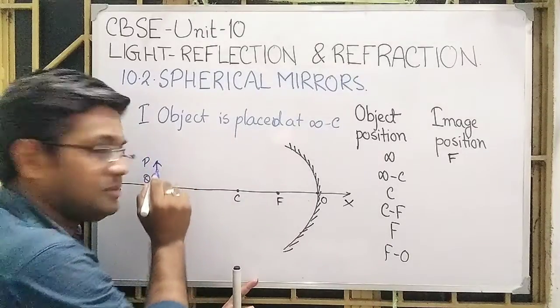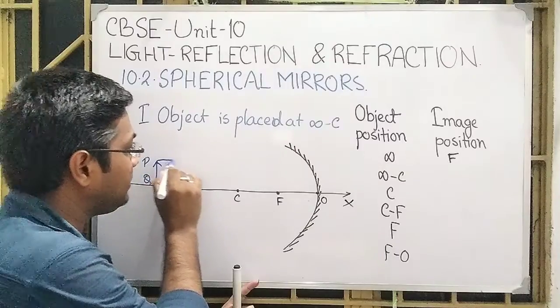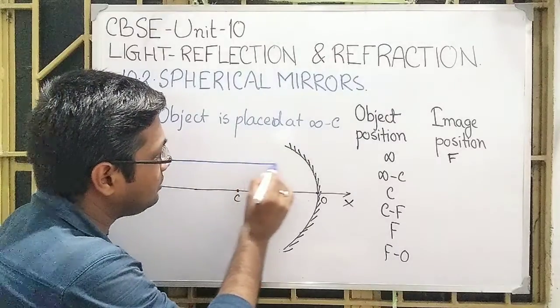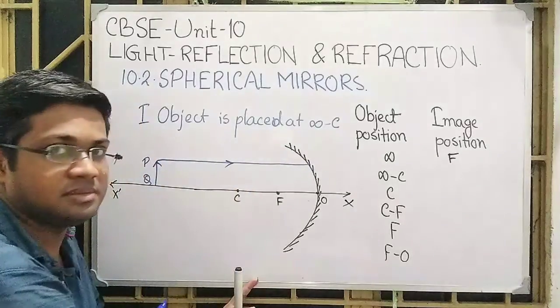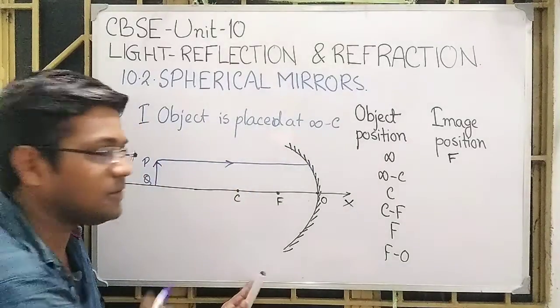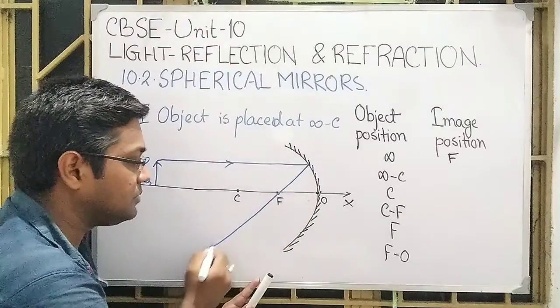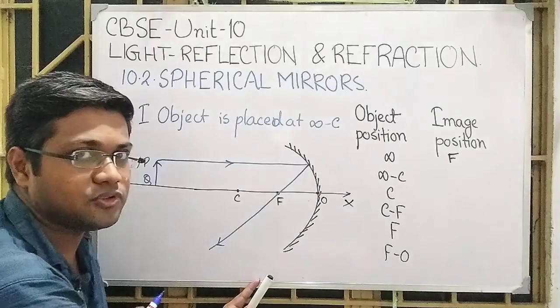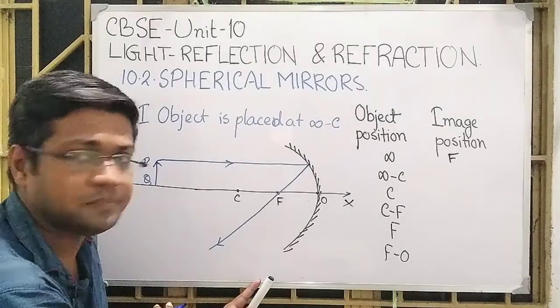So the light ray coming from capital P parallel to the principal axis strikes the mirror. According to the first rule of reflection, it has to pass through the focus. So following the first rule of reflection, we have drawn the first ray.